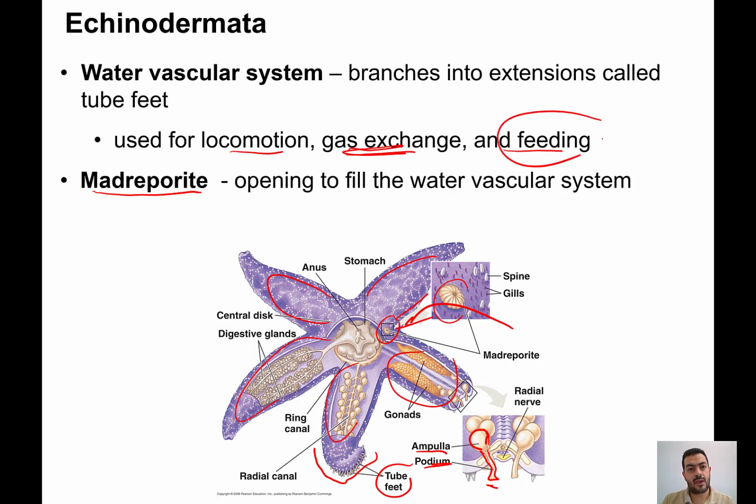So once the sea star lands on the surface of an organism at the bottom of the sea with, let's say, a hard shell, some of these tube feet play a sensory function.